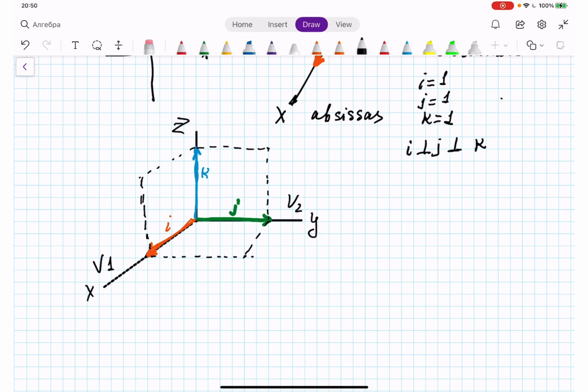I was going to boast already and I messed up. Okay, one more time. I think maybe I went too far. Okay, this is our V3 vector.